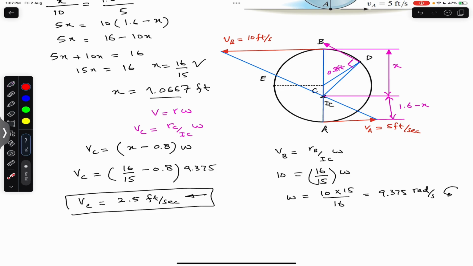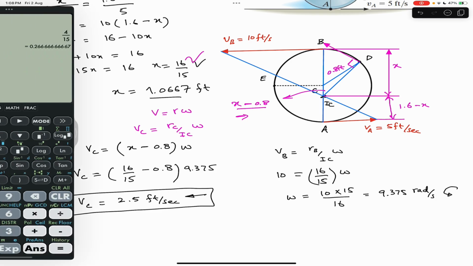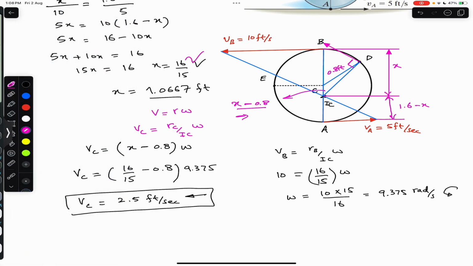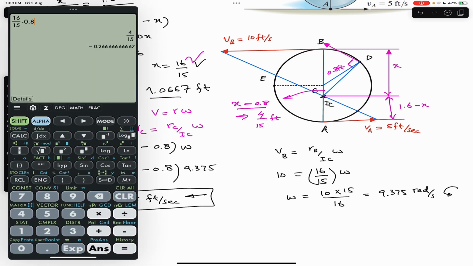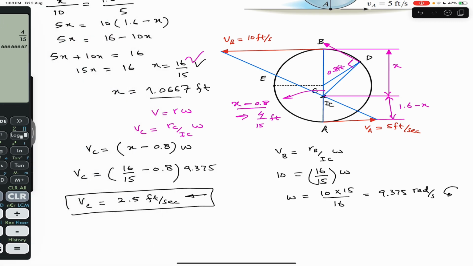This length is x minus 0.8, right? So this length is x minus 0.8, which is equal to 16 divided by 15 minus 0.8. So this is 4 divided by 15 feet, or we can say that this is 0.267 feet.